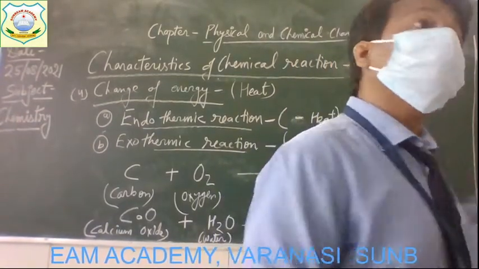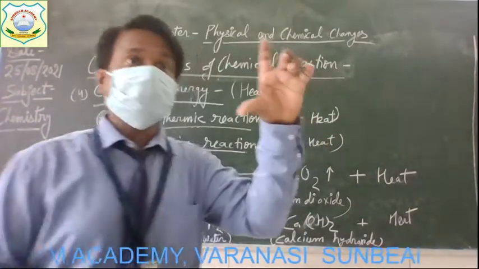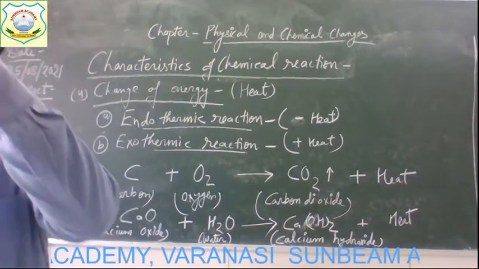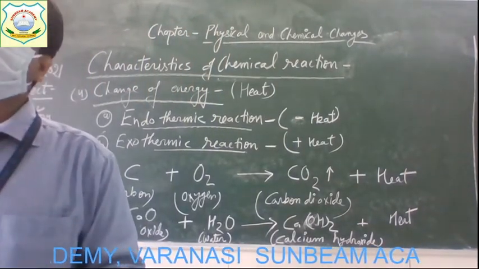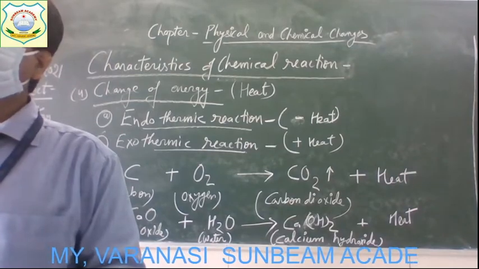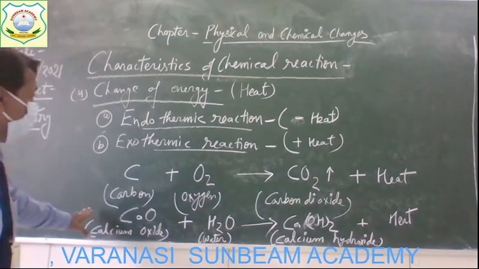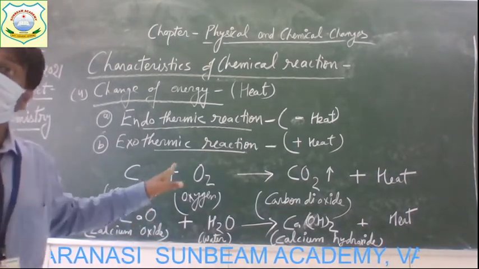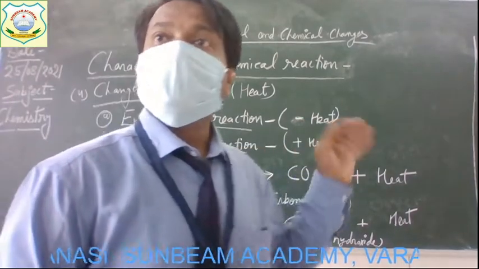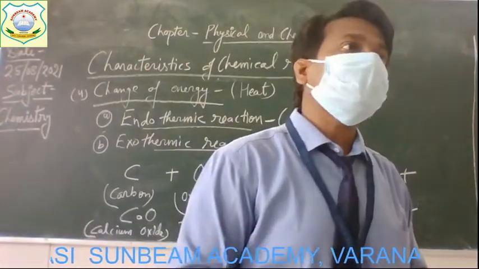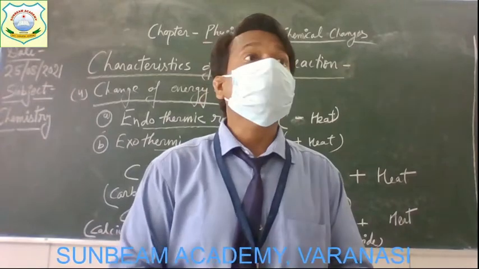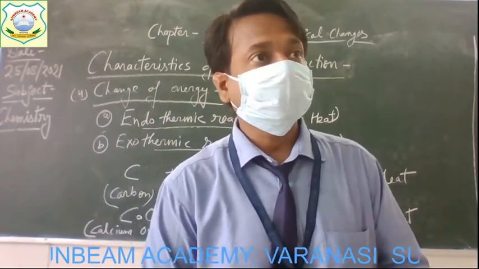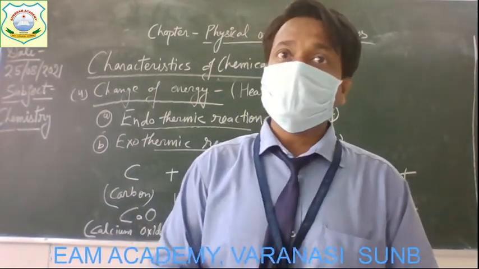And if you do the same reaction in a test tube or beaker, your test tube also gets heated. Get it now? So this shows that here the heat is going to produce, and that is why this reaction is categorized as exothermic reaction. Alright? Understood everyone?